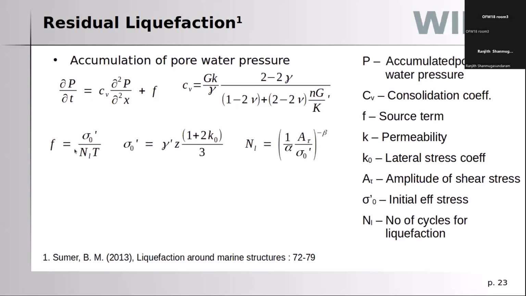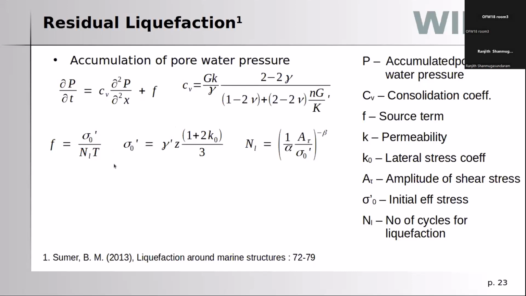And this F is the source term. It is the ratio of the initial effective stress to the number of cycles for liquefaction times the time period. Sigma 0 dash is the initial effective stress, which is the stress the soil has at rest. We can calculate it from the equation here, in which gamma dash is the specific weight of the soil and K0 is the lateral effective stress.